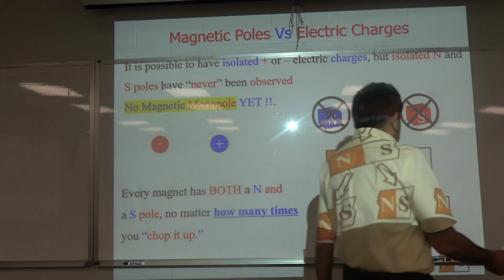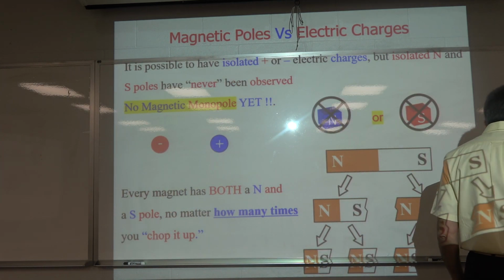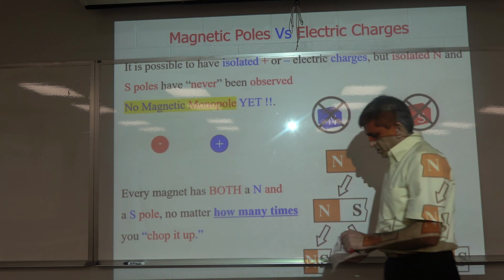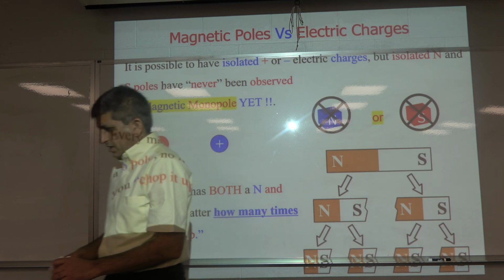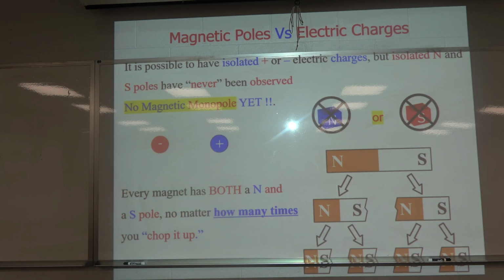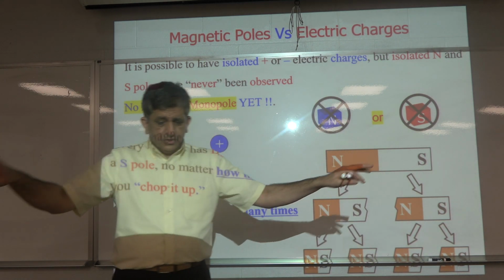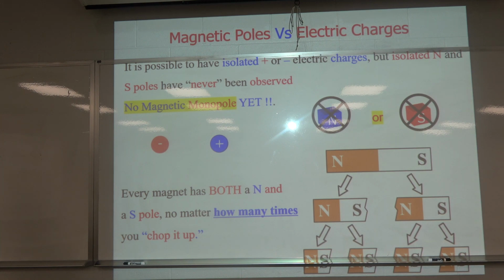However, we can separate these charges in such a way that two objects which are oppositely charged, one object gets one kind of charge, the other gets another kind of charge. I can separate those charged objects. It means I can have a positive charge and a negative charge on two separate conducting objects. Alright? The spheres, as we saw in the previous chapter.